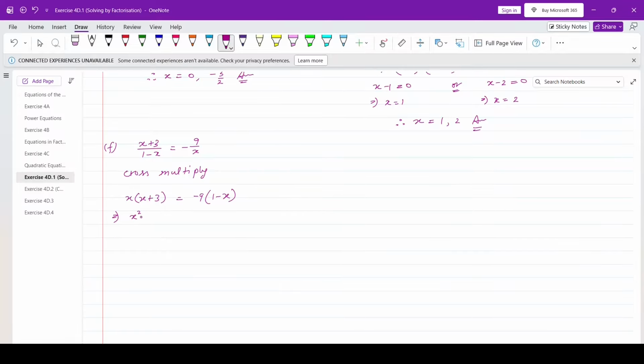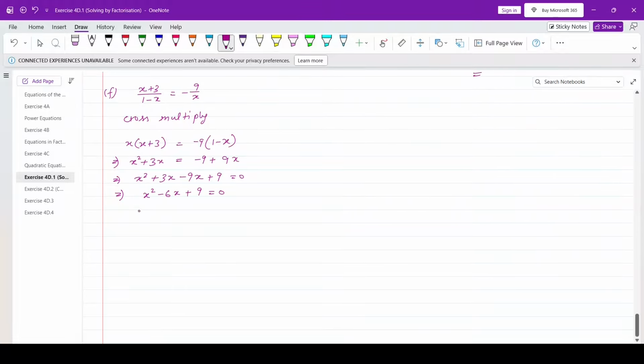So this becomes x square plus 3x, and this becomes negative 9 plus 9x. Taking everything on one side, we get x square plus 3x minus 9x plus 9 is equal to 0, or x square minus 6x plus 9 is equal to 0.